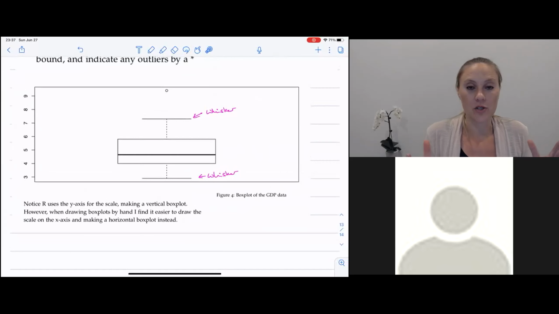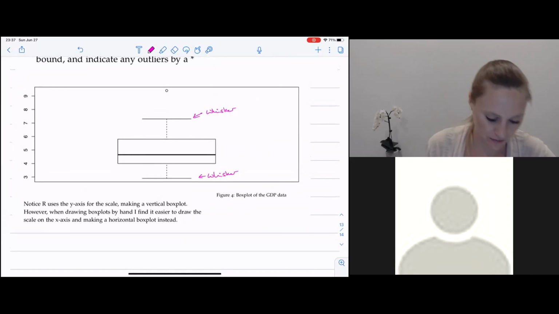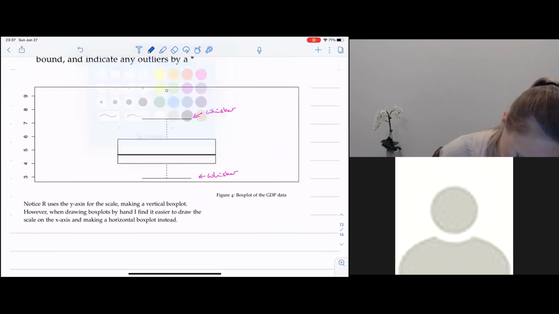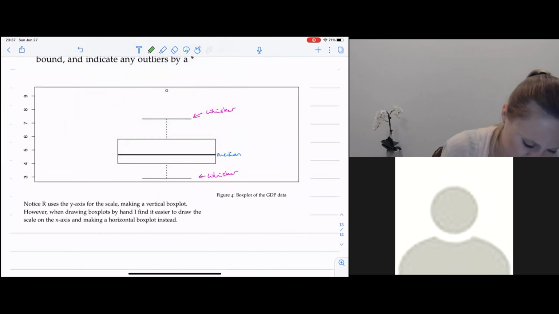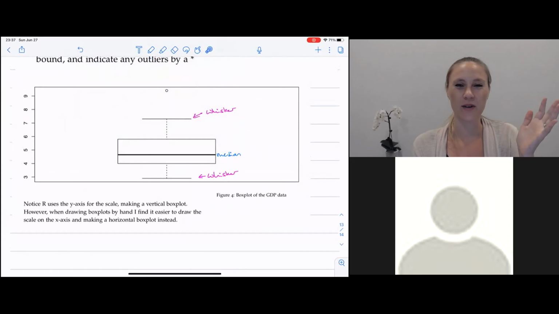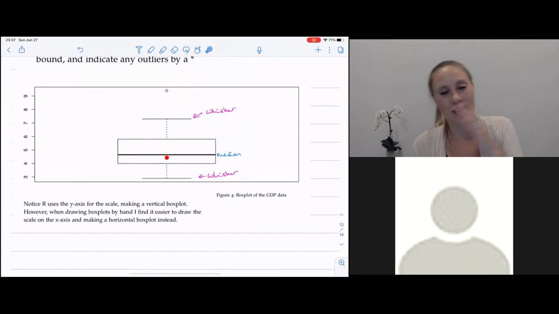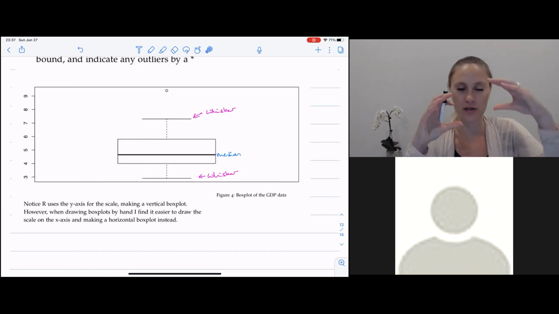So a box plot is just a box with the middle 50% of your data in the box, because this here is your median. And it depends on which scale you're using. Often, because I like to draw on a number line, I'll flip them this way and then draw my lines, and you can draw your box going horizontally instead, and that's totally fine.